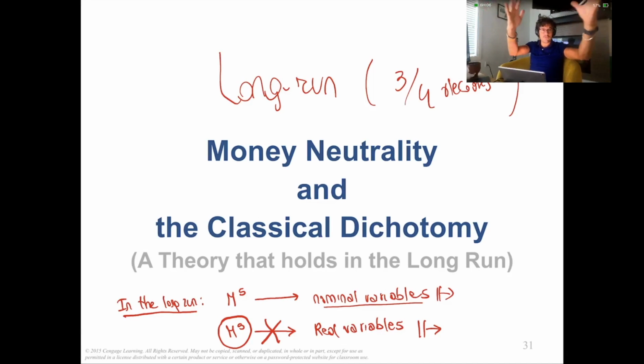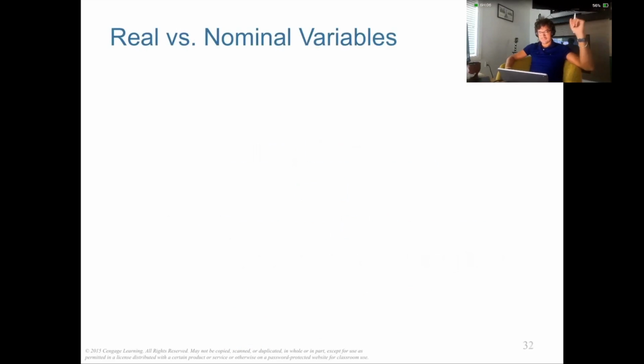But for normal ranges of inflation, monetary policy does not have any impact on real variables, so on the real economy in the long run, and does not explain why countries grow more than others, but only impacts nominal variables. So let us start by defining what nominal variables and real variables are.